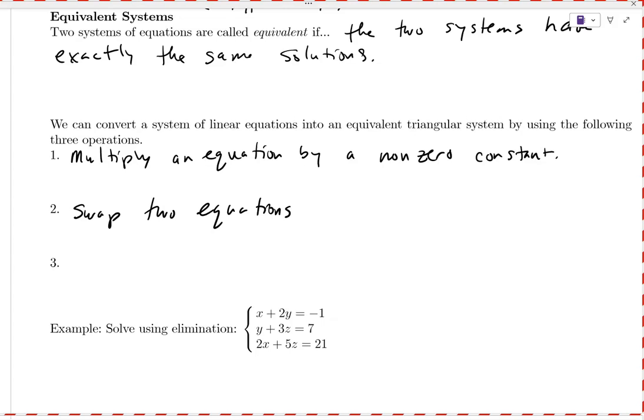So I want to see that nice x in the upper left-hand corner, then a y, then a z, right? Well, maybe the first equation doesn't have an x in it, and the second one does. So you would swap the two rows so that you have an x in the upper left-hand corner. That's not going to change the number of solutions we have.